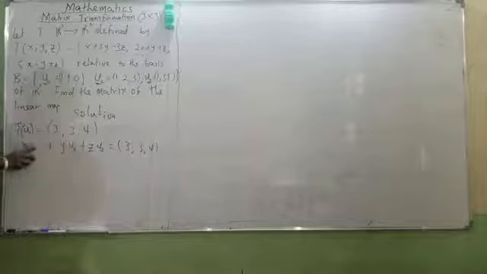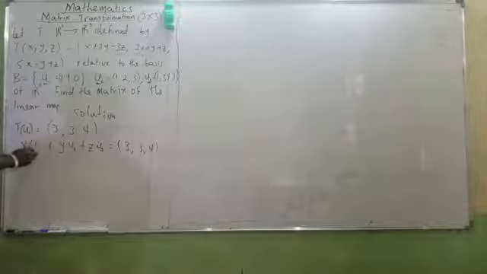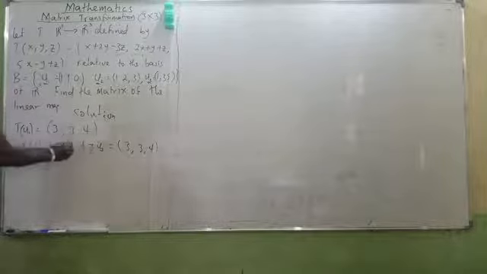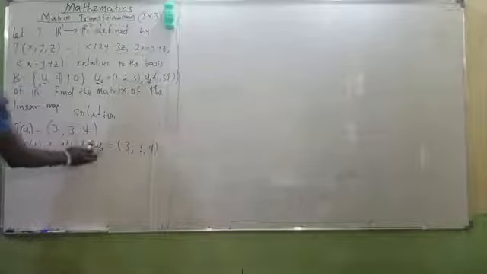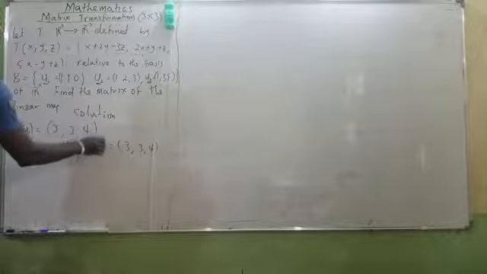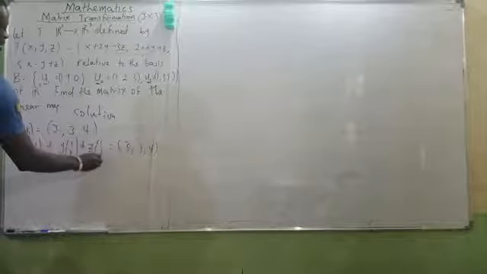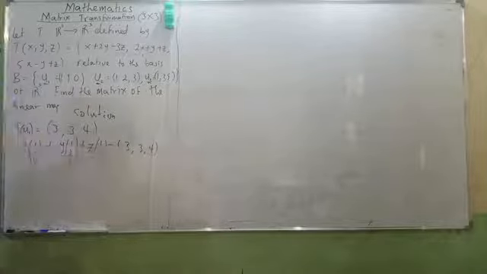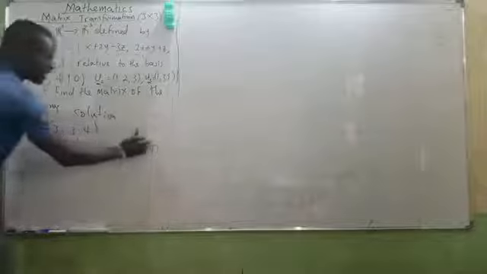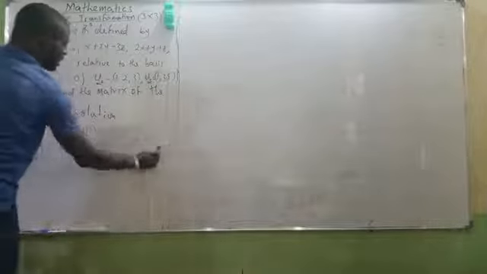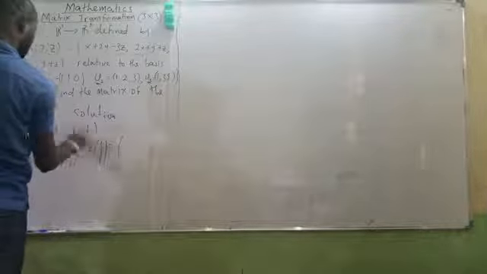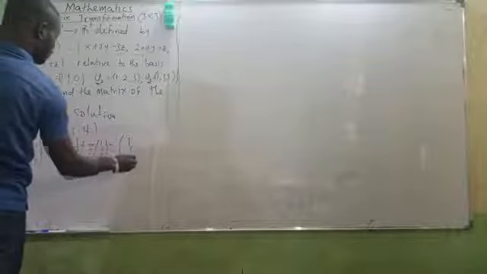Now, by so doing that, we all know what our U1 is. Our U1 is (1, 1, 0). Permit me. This one will be (1, 2, 3), and here will be (1, 3, 5). Can you see? Now, I can write this as (3, 3, 4) also.